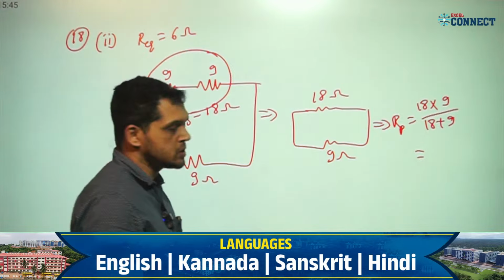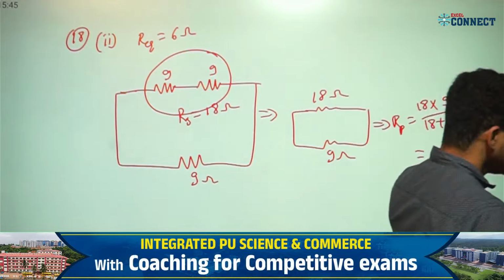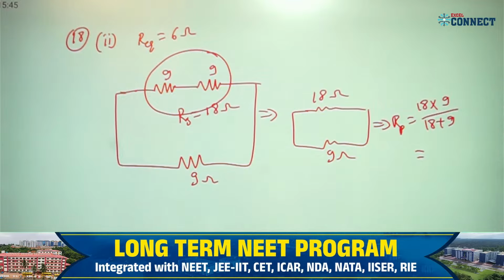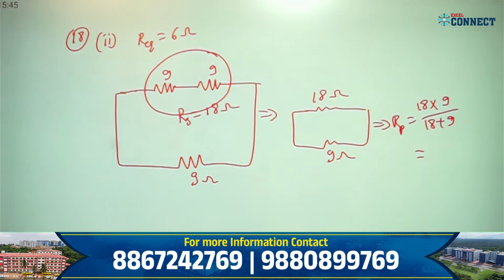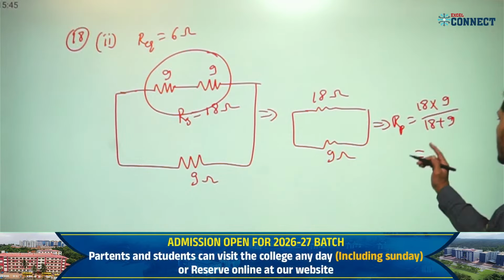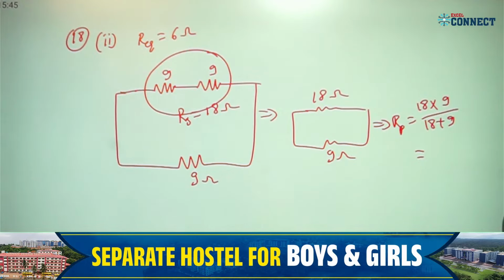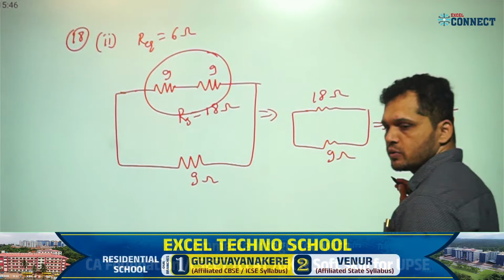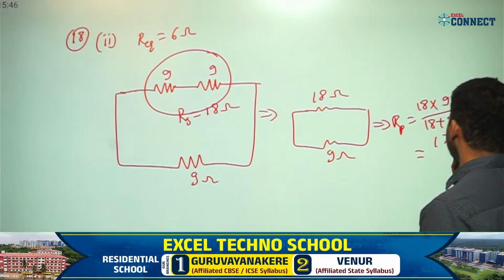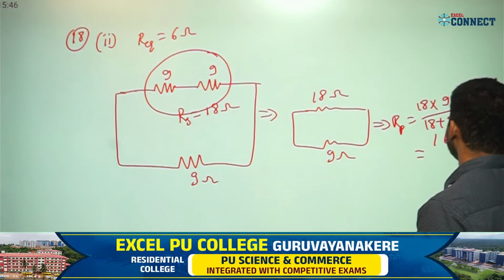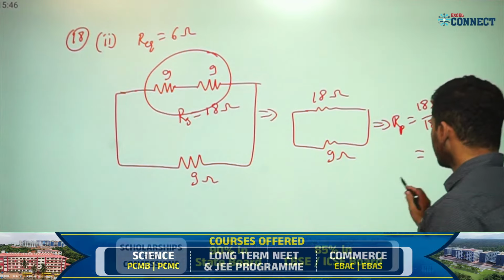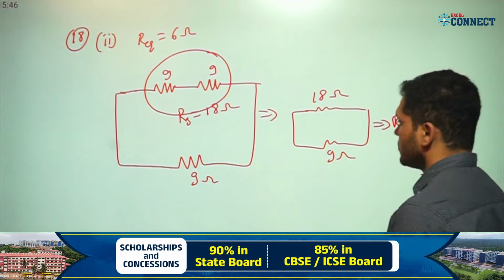Please check this. 18 plus 9 is 27. 18 into 9 is how much? 162, right? 162 by 27, that is 6 ohm. We get 6 ohm.